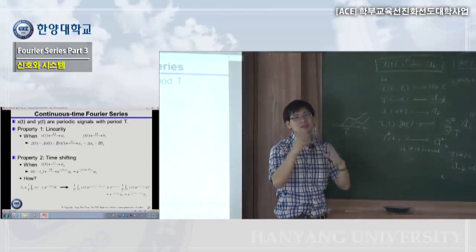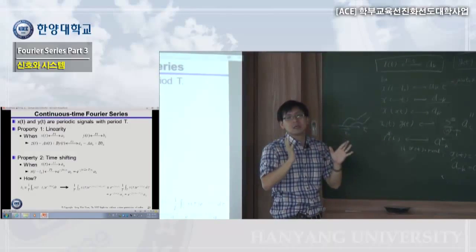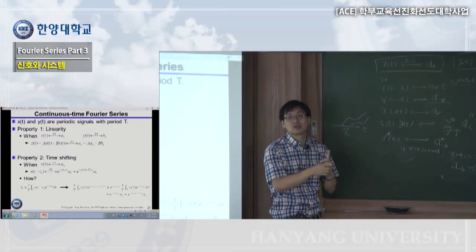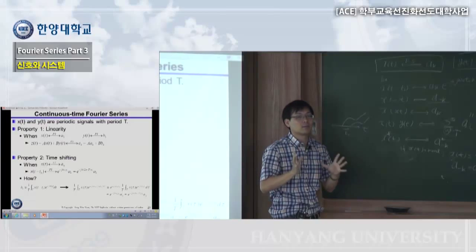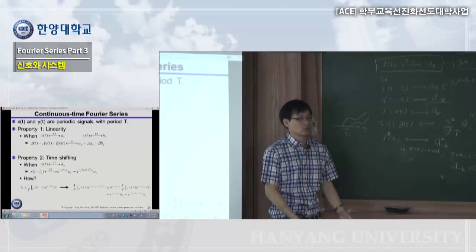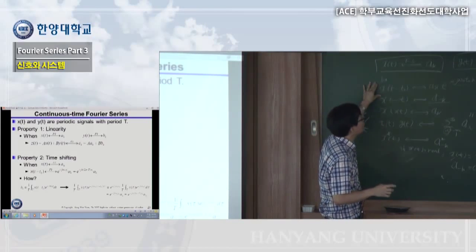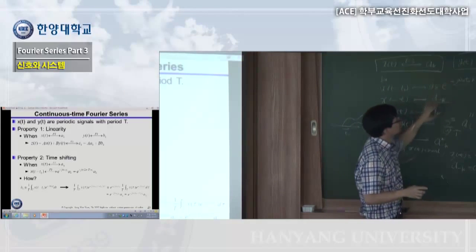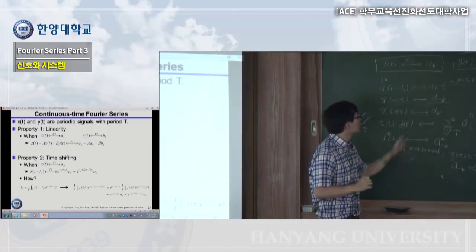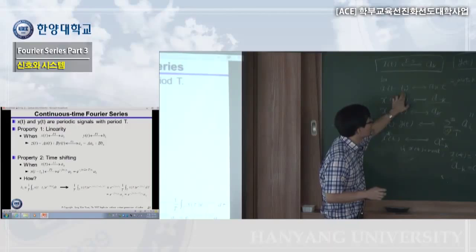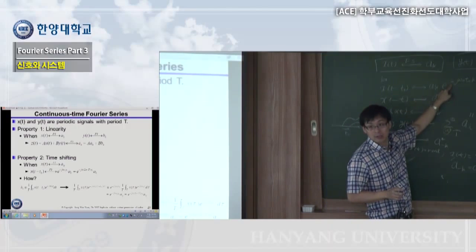This sometimes makes you confused, but if you think about the direction of the transformation, they have very similar properties in all the transformations. So one thing you can see in here, from the time domain to a kind of transformed signal, you have a minus in time domain time shifting, then they become minus also in here.